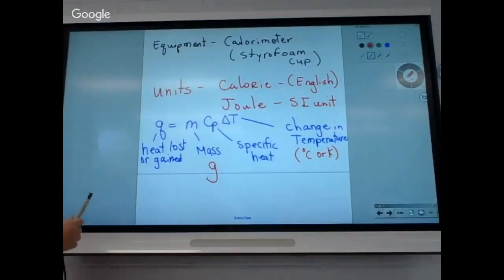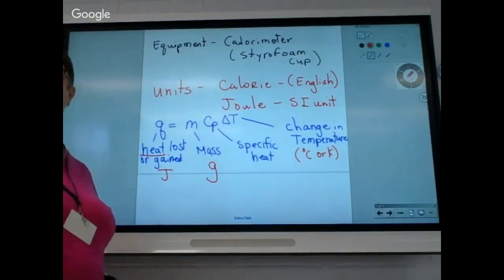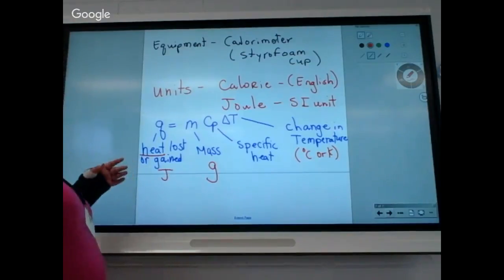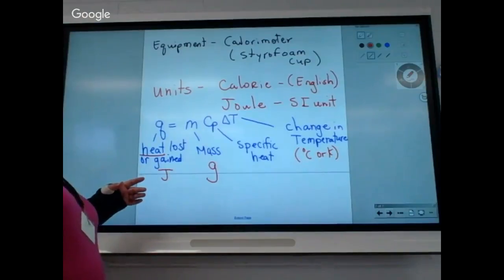Now, let me point this out. When you're reading these word problems, if it just says the word heat, it's talking about Q, and it will be in joules. If it does not say specific heat together, it's Q. Did everybody hear me say that?